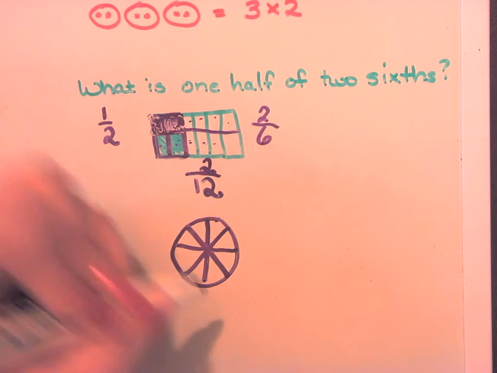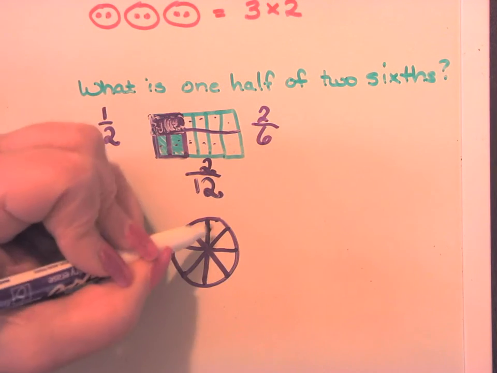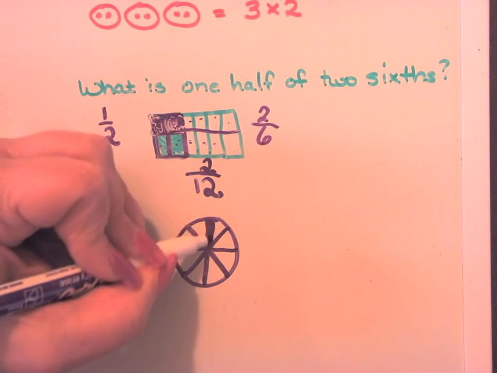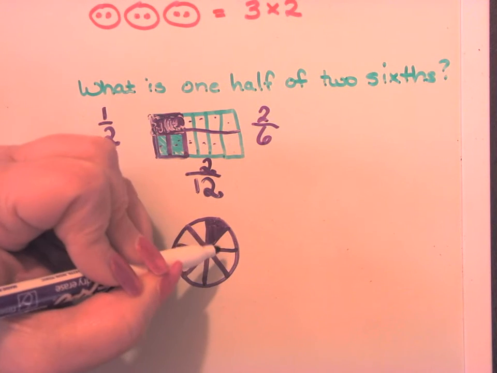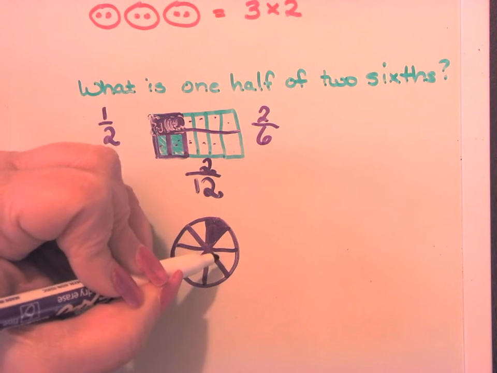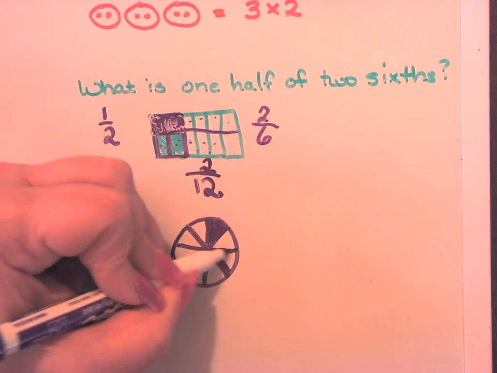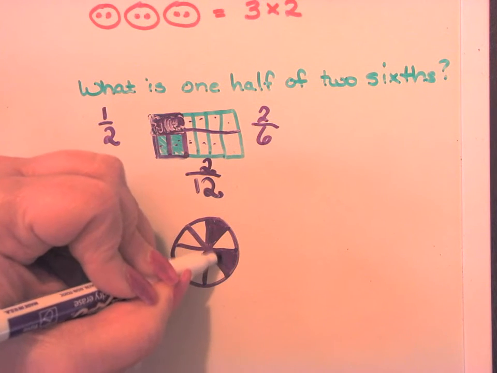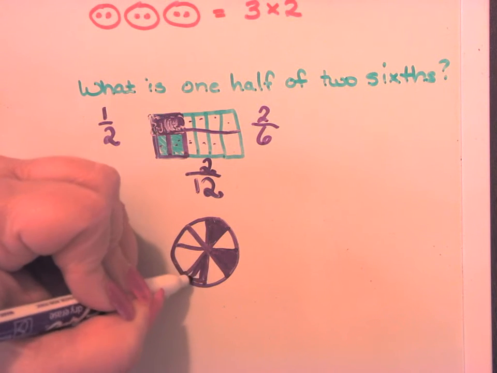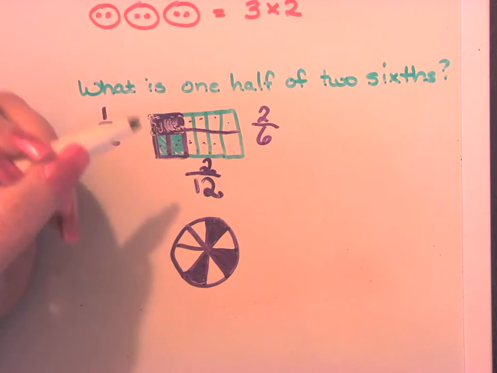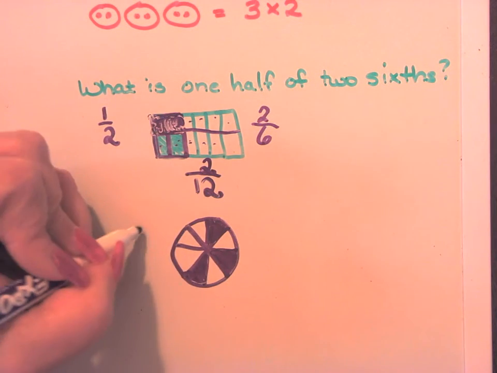We have 8 pieces here. And I'm going to color in a section. So I'll color in one piece, and then another piece over here, and let's do one more piece. So now I have 3/8 colored in. So this is 3/8.